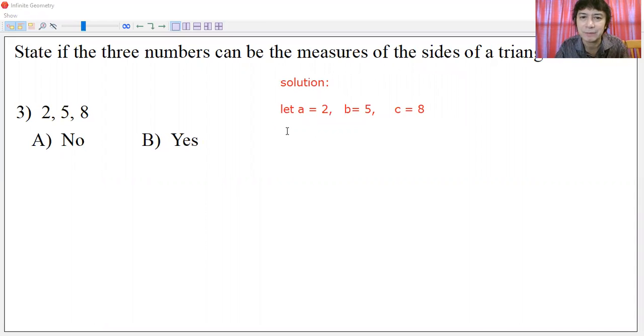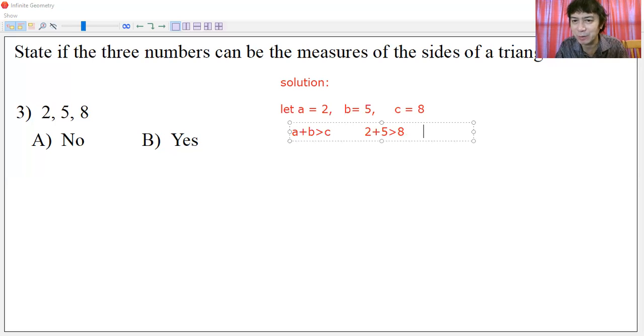Here comes the tests. Is A plus B greater than C? That's the first one. So that will be 2 plus 5, greater than 8.